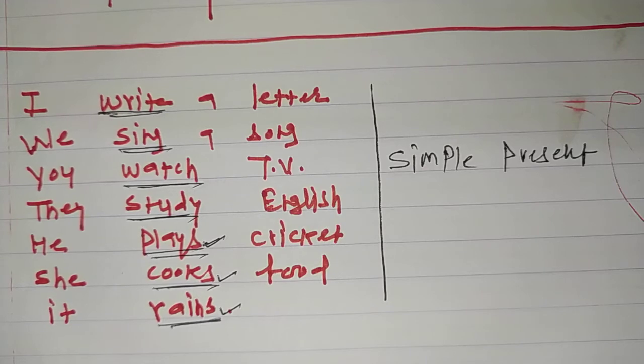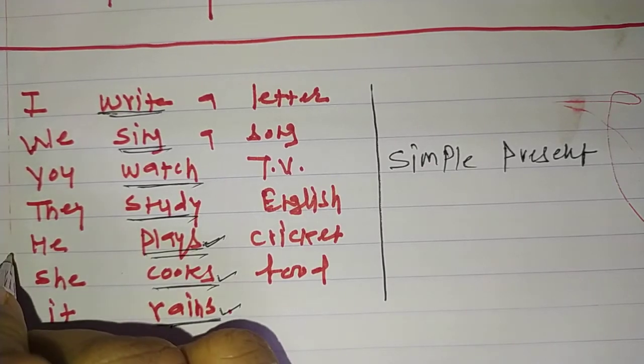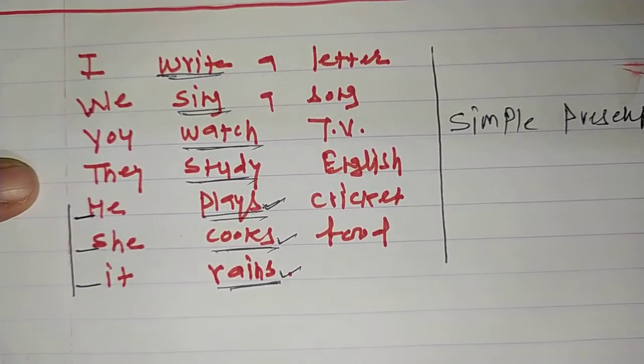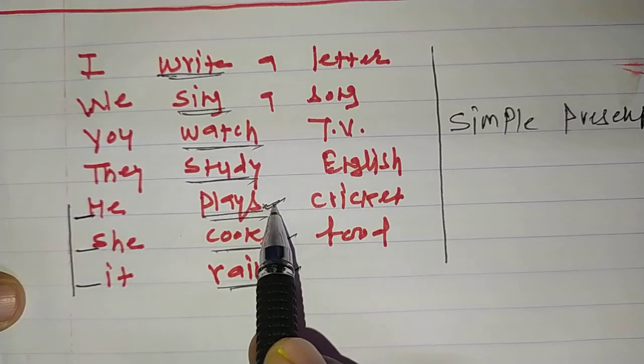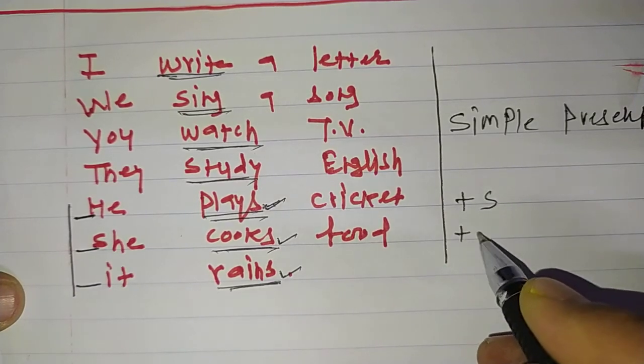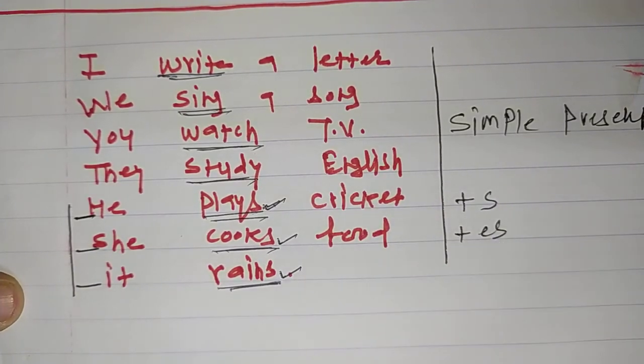And what is the rule? If the subject is he, she, or it, we add s or es to the verb.